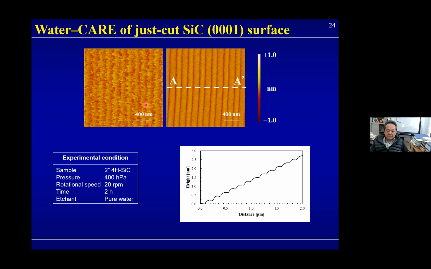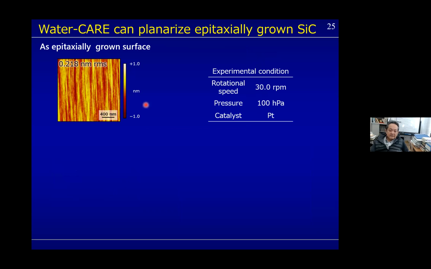Water CARE works well. And then this method is utilized for the planarization of epitaxially grown silicon carbide. After epitaxial growth, the surface becomes like this. This is due to the step bunching during the epitaxial growth. So this rough surface is not so good for the following device processing.